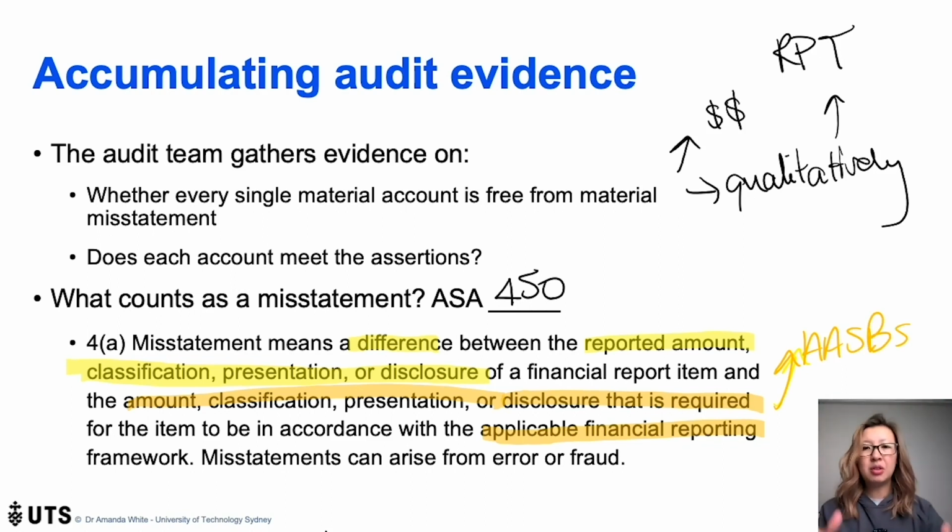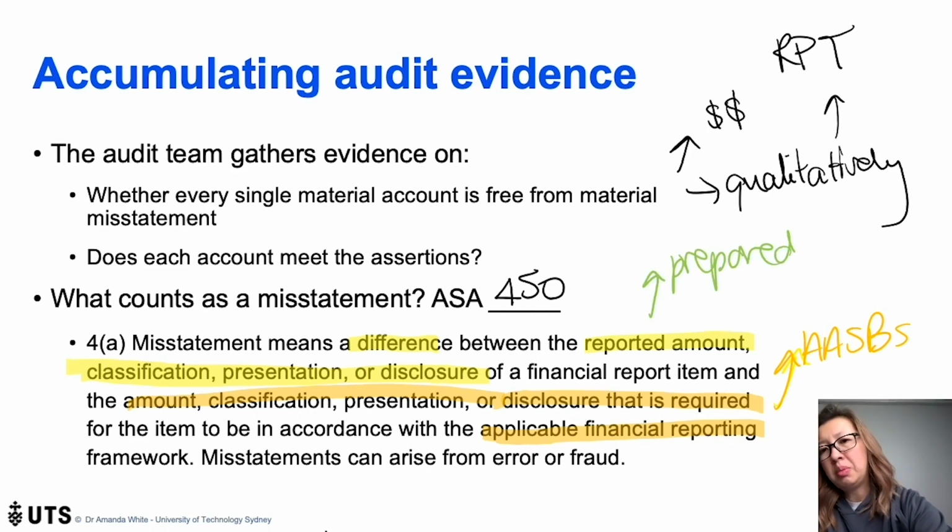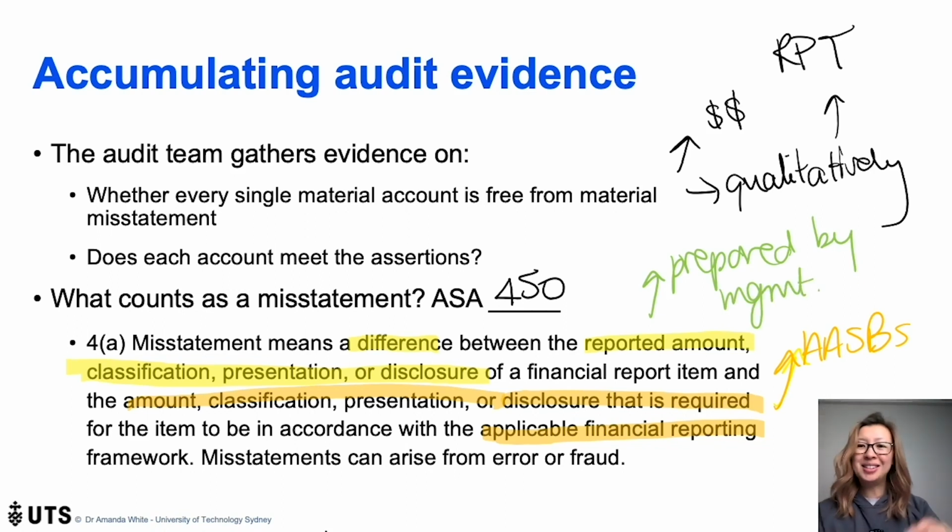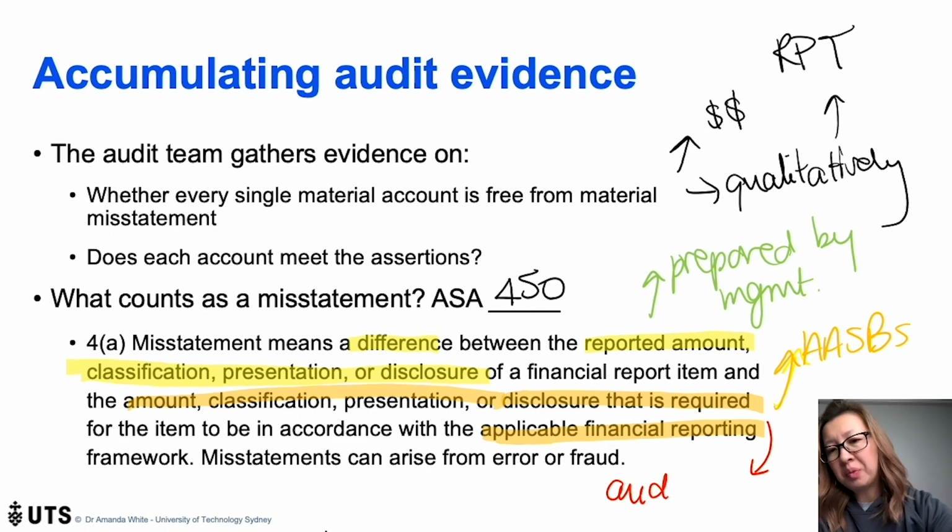So the reported amount is the amount that's prepared by management. And the amount that is calculated as suitable according to the applicable financial reporting framework is the amount that the auditors think is the correct amount or the correct disclosure or the correct classification in the financial statements.